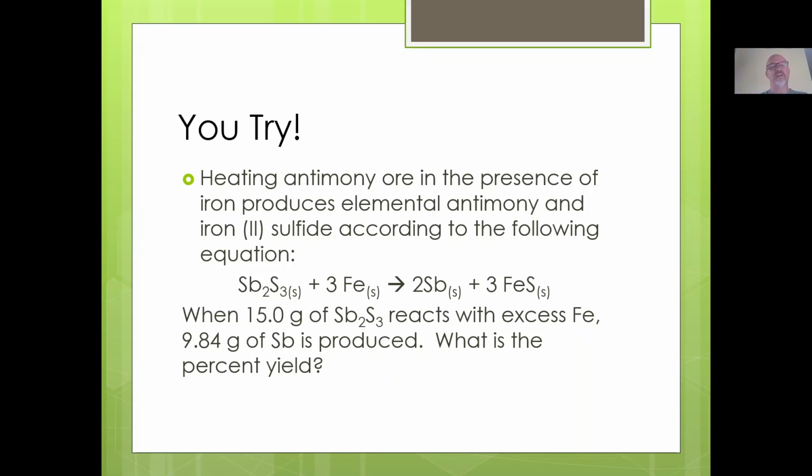The antimony sulfide is the limiting reagent because you have plenty of extra iron. And I'm telling you that when you do this in the lab, you collected 9.84 grams. That's your actual yield. So what's the percent yield? You have to do the 3-step stoichiometry to calculate your theoretical, and then actual divided by theoretical times 100. Grab that pencil and the calculator. Give it another try. Pause the video.